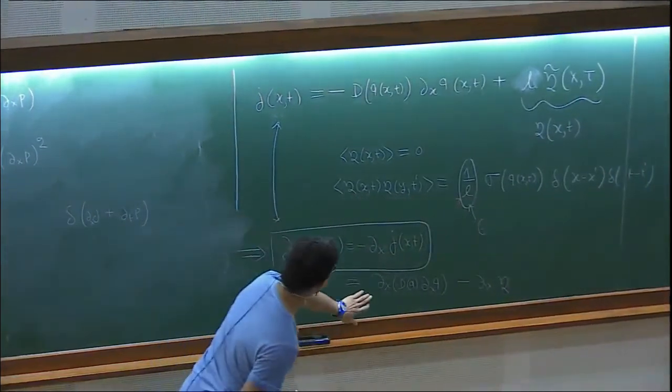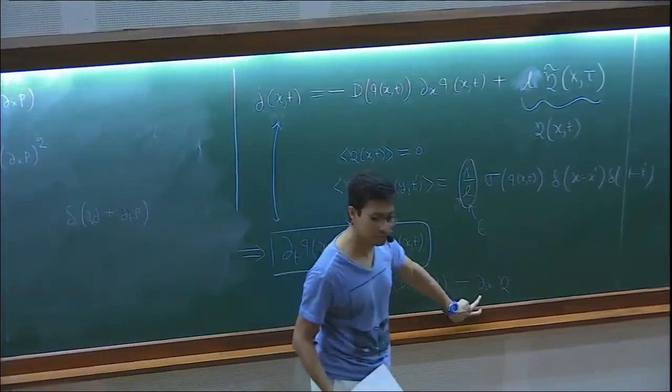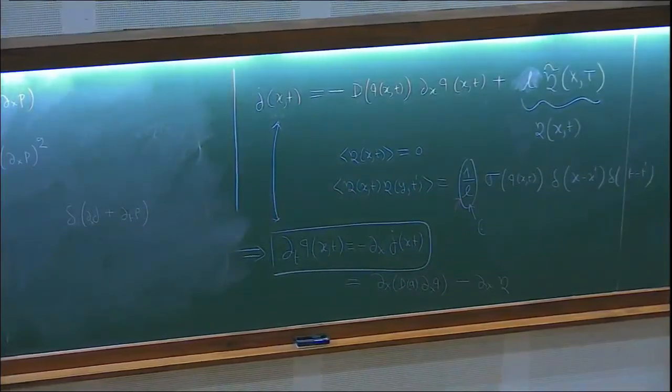If you take this term and compare with this equation, you see that this term almost plays the role of eta. So the physical picture is that this conjugate variable P is due to this correlated noise history that will give me this final position.